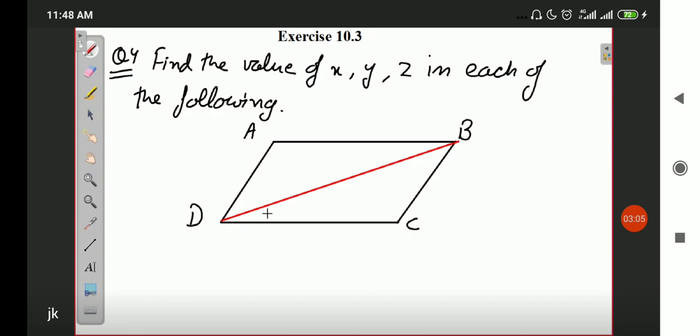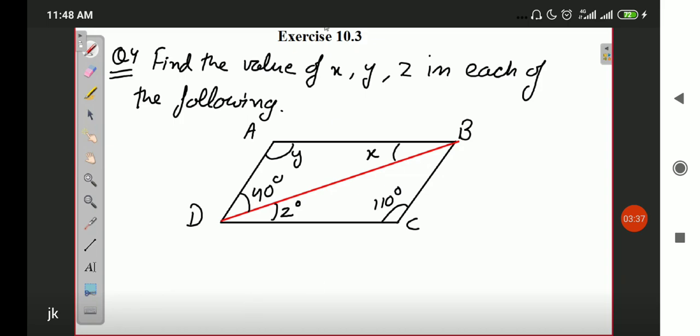Now you are given that angle ADB is 40 degrees, angle C is 110 degrees. I name the angles because after naming, explaining becomes quite easy. You have to determine the value of x. X is part of angle B, y is whole angle A, and z is this angle.